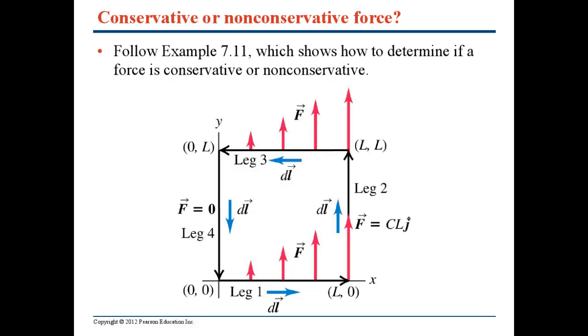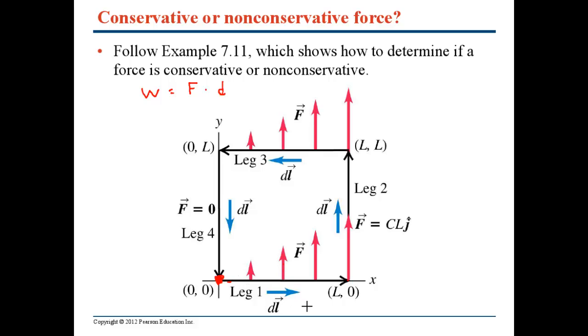Example 7.11 shows you how to determine whether a force is conservative or non-conservative. You know that if an object starts and finishes at the same location, that if it is conservative, then there should be no work done. The energy should be the same. So if we consider this particle traveling along leg 1, we know that work is equal to the force dotted with the distance that it travels.